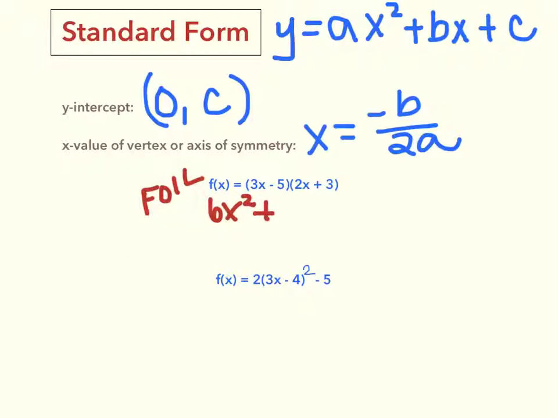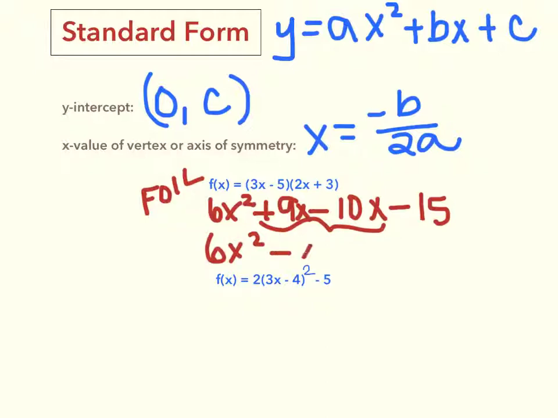And you'd have 9x minus 10x minus 15. And then remember, with FOILing, you just combine those like terms. And we have 6x squared minus x minus 15. So when you see the 2 factors here, all you have to do is FOIL to get back to standard form.